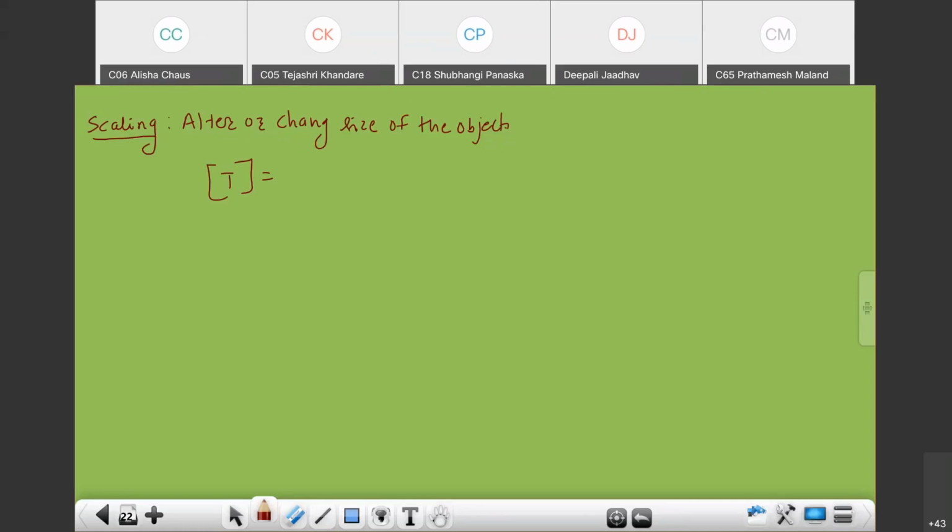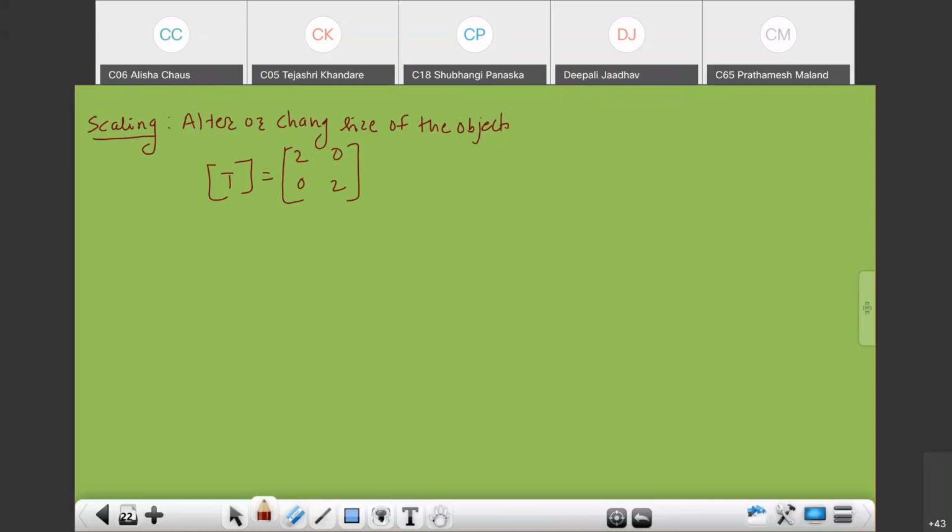So if T is equal to 2, 0, 0, 2, what it indicates is that these scaling factors are used to enlarge the size of the object, or double the size of the object. 2 means to double the size of the object.